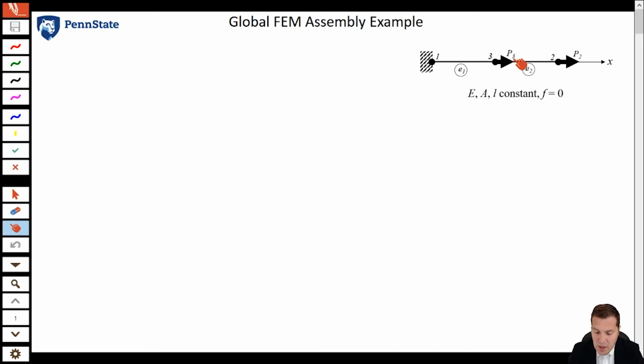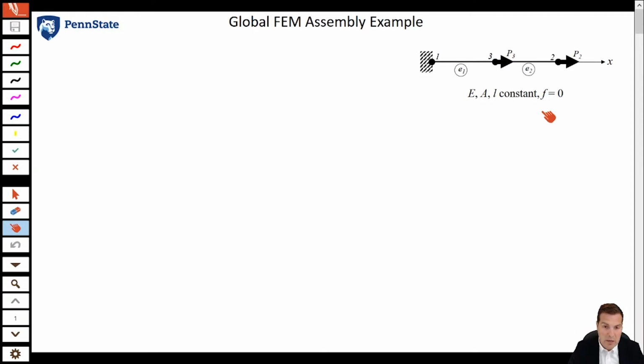We have two point forces, P3 and P2, applied at those nodes. We have a fixed boundary condition here at node 1, and then we're going to make it easy for ourselves and say that E, A, L are constant, and F, the internal body force, is 0.